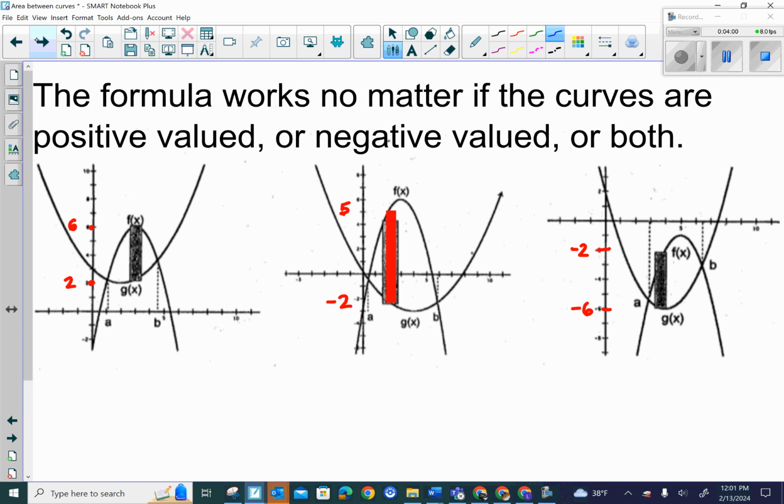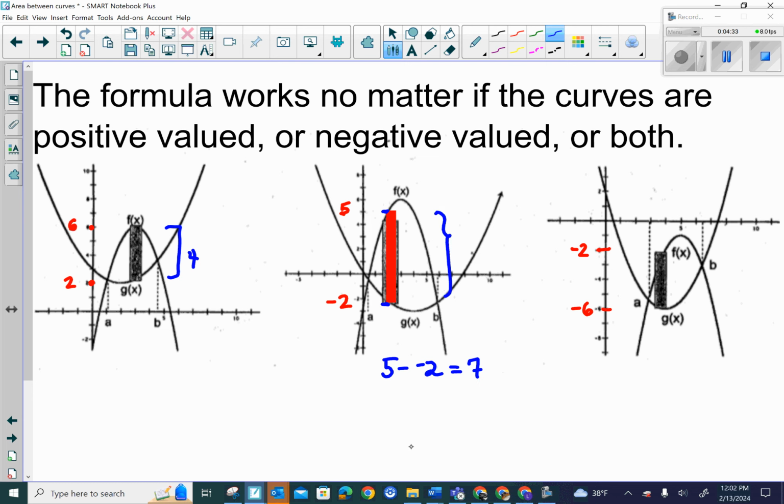So let's take a quick look. Oh, also, I meant to mention that it won't matter if the curves are above or below, or one above and one below the x-axis. You can see that that height is going to be 4, and that's like the one we just set up. But if you take one curve below and you have the height at 5 and another one at -2, then 5 minus -2 is going to be that 7 height, and that's really what you want.